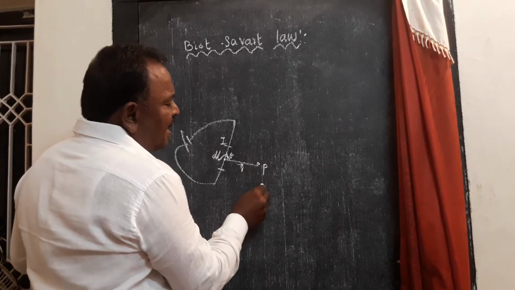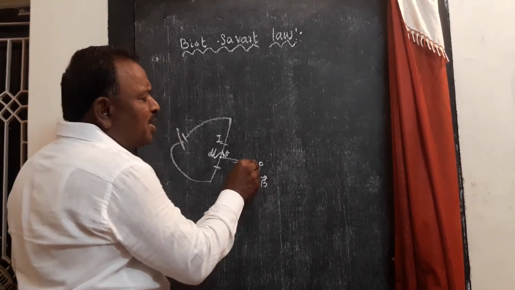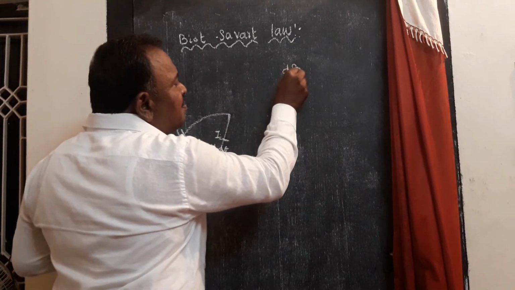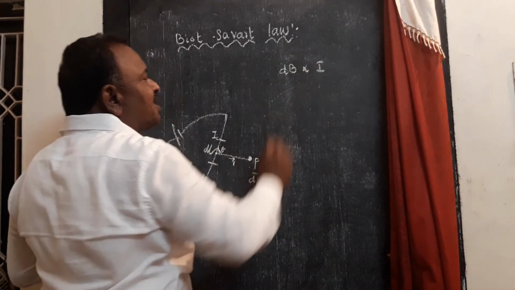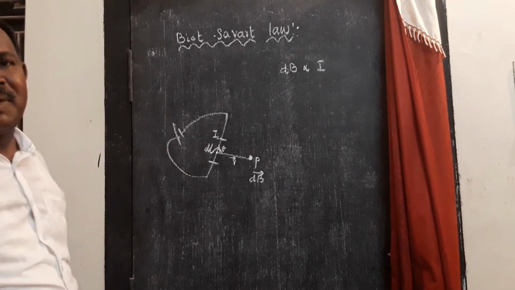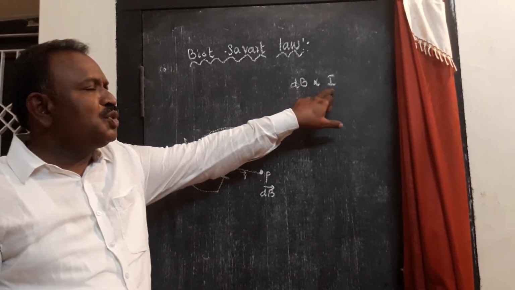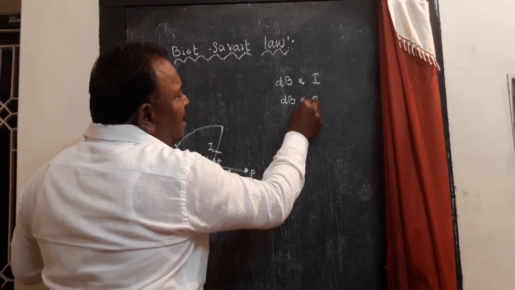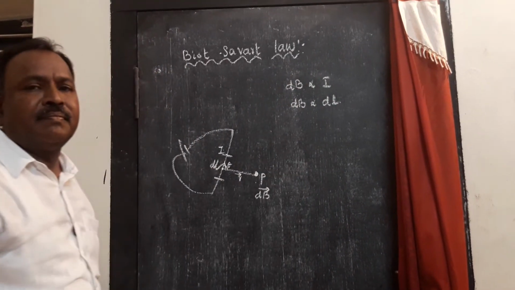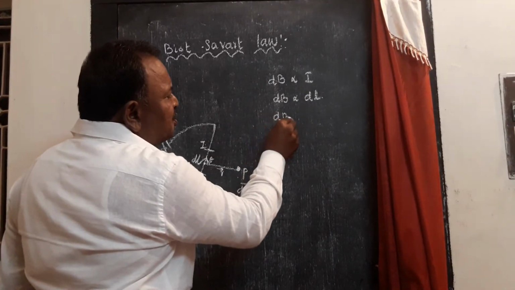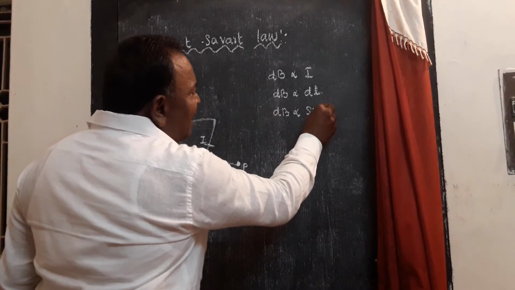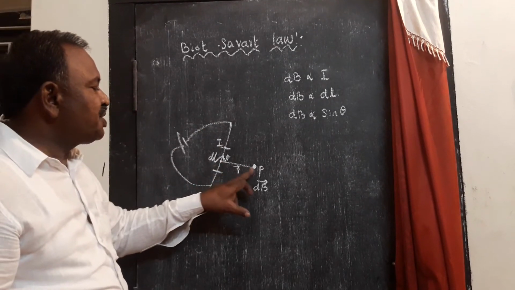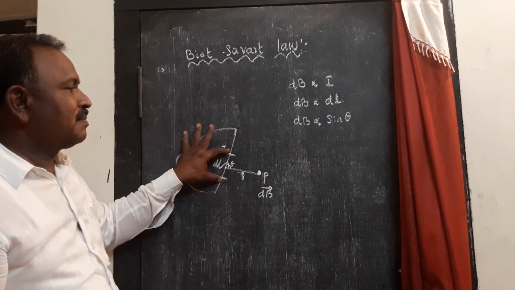If dB is the magnetic induction produced at the point P by this current element I dl, they observed that dB is proportional to the strength of the current, so dB is proportional to I. dB is proportional to the length of the current element dl. dB is proportional to sine of the angle subtended by the position vector with the current element, so sine theta.